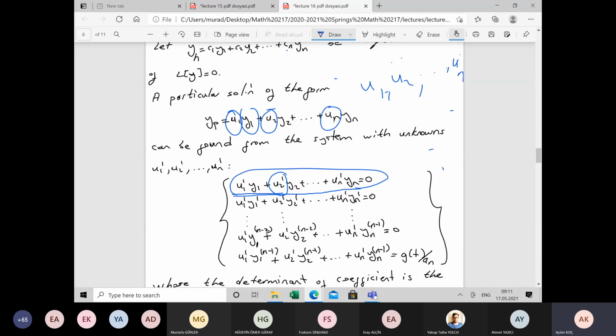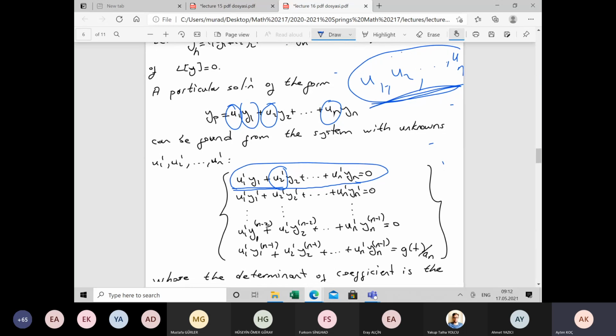We know from linear algebra that to find all unknowns, you have to get n equations, n unknowns and n equations. If the determinant of the coefficient matrix is non-zero, we obtain a unique solution. It's okay. We know this from linear algebra.